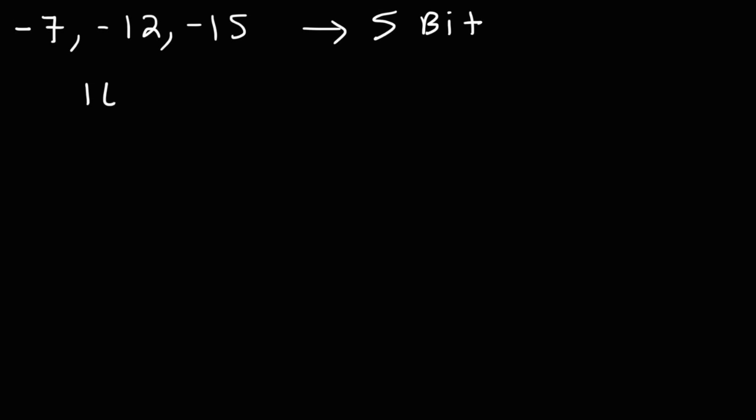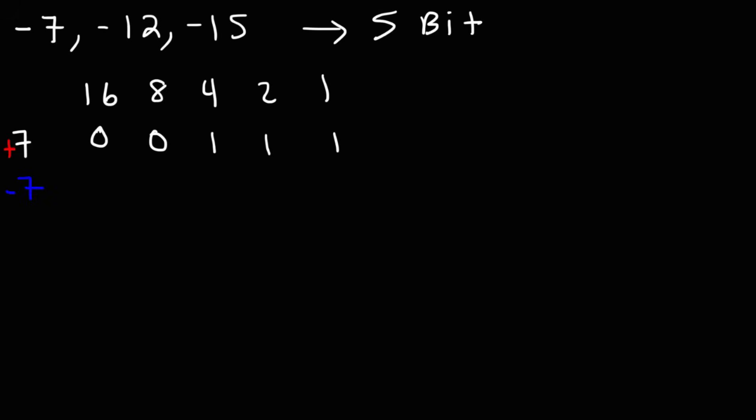So this is going to be 16, 8, 4, 2, and 1. So let's start with +7. Because this is positive, the first one is going to be 0. 7 is 4 plus 2 plus 1. So we're going to put a 1 under those numbers. So that number corresponds to 7.